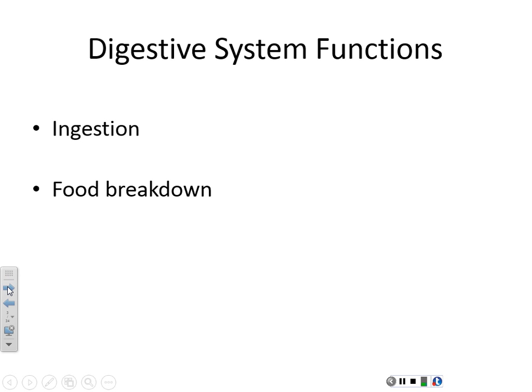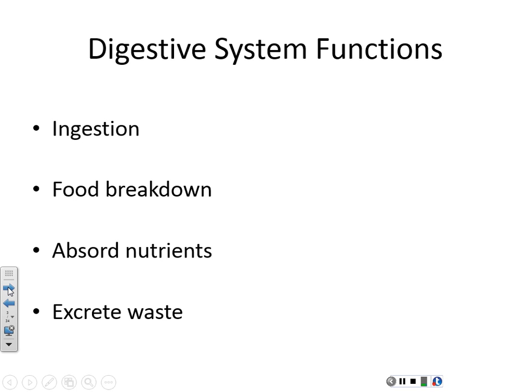You've got to know the function, which is digestion: taking in of food, breakdown of food, absorption. Those are the basic functions, and then you excrete the waste. Digestion includes 2 things. Mechanical digestion, what organ of the digestive system takes care of that?